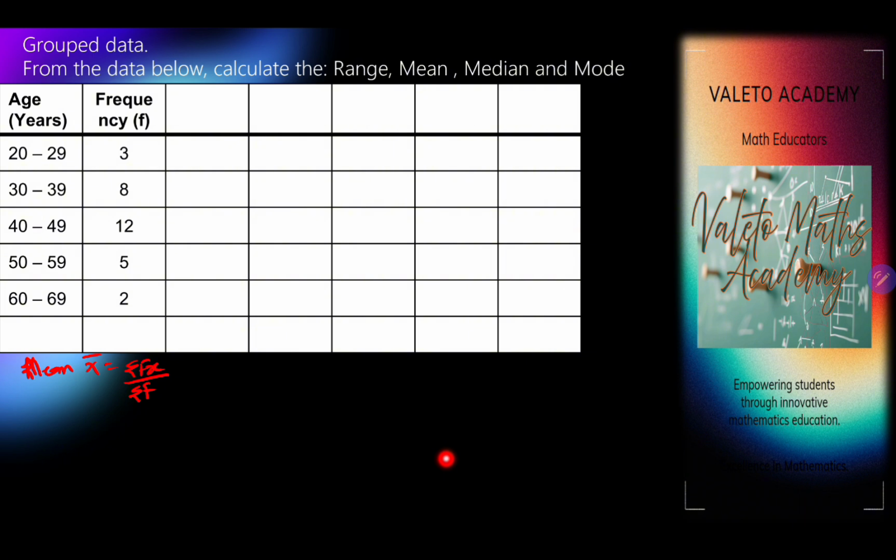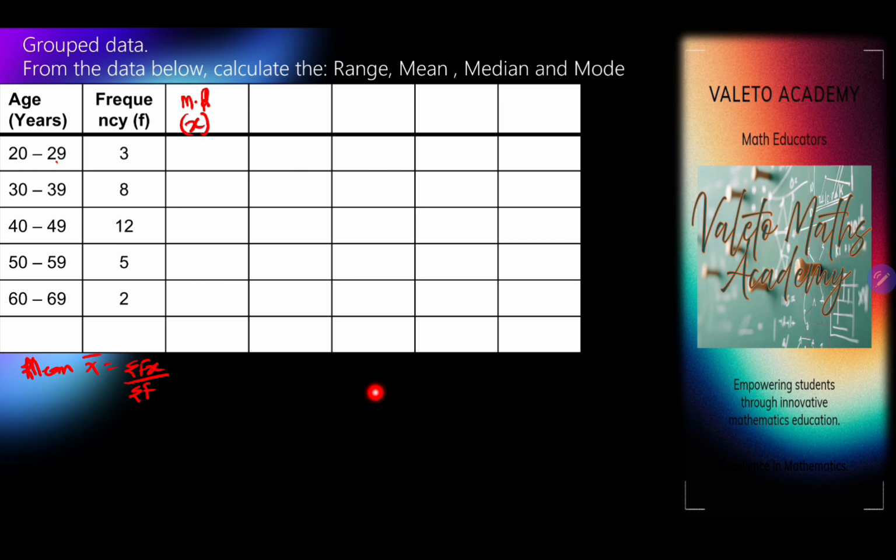So we find the average per class, or the midpoint. We create another column called the midpoint, and that will be our x value. To get it, we say 20 plus 29 divided by 2, like the average of each class. We can call this a class, okay?